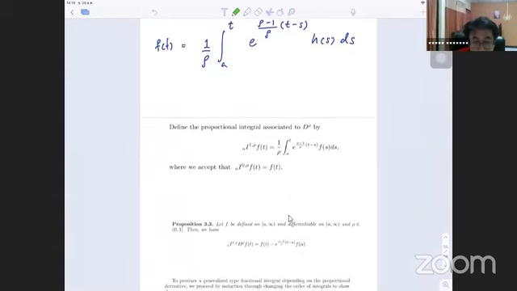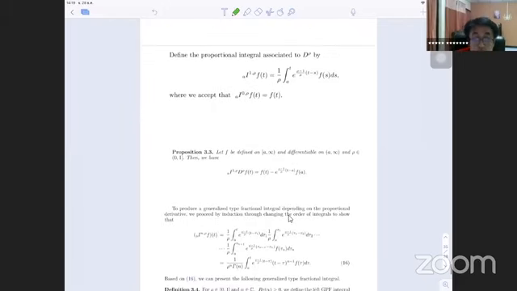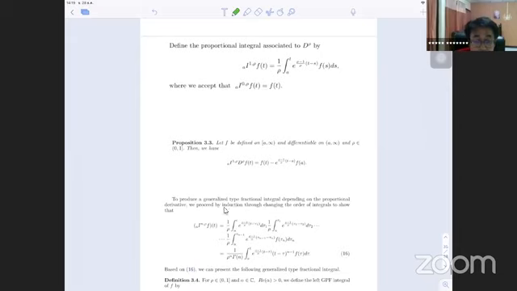And they formulate the n time integration and get this formula.